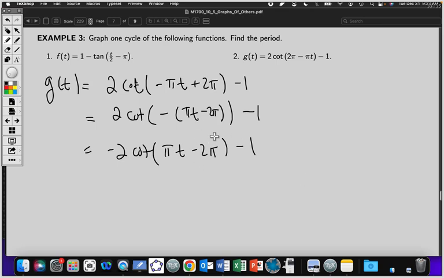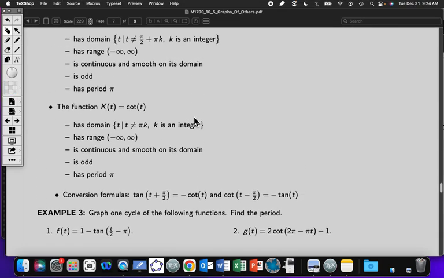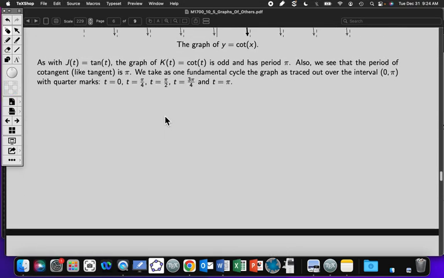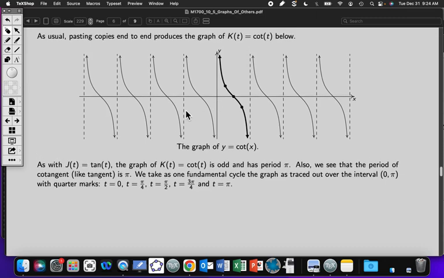Okay, now once again, we could actually simplify this a little further. We could have actually kind of done it up here as well. But because of the period of tangent and cotangent being pi, we're subtracting a whole period off here. We can simplify this a little bit further, but just for now, we'll go through the usual sorts of machinations here. Looking at cotangent, our fundamental cycle, we're picking between 0 and pi.